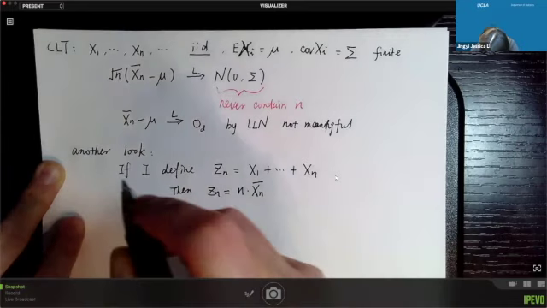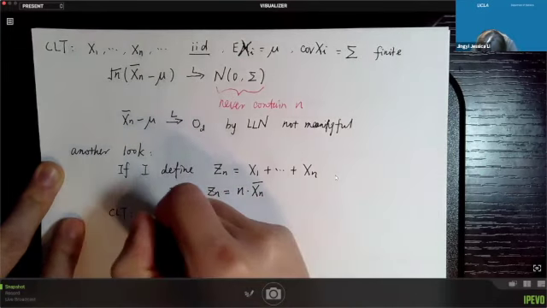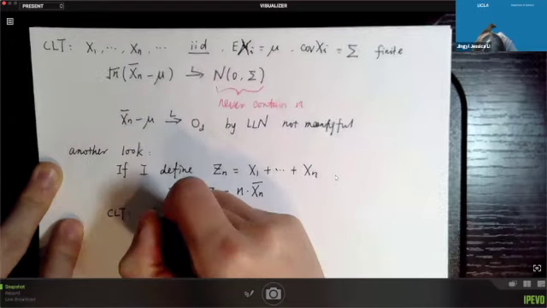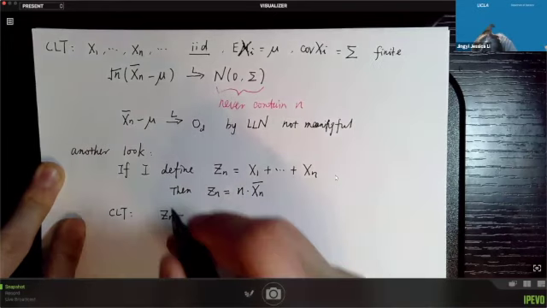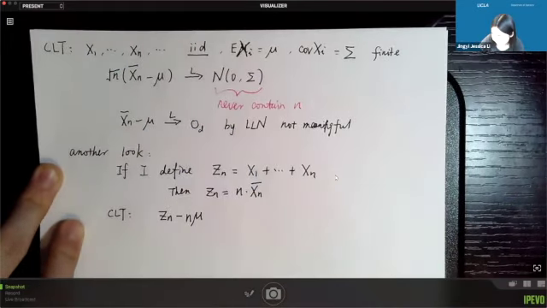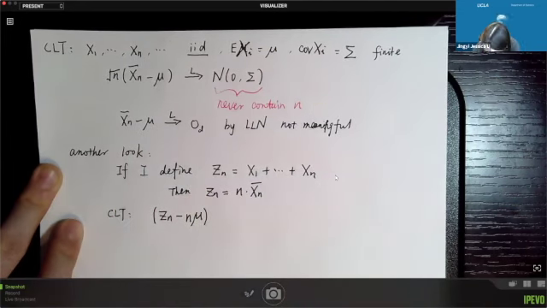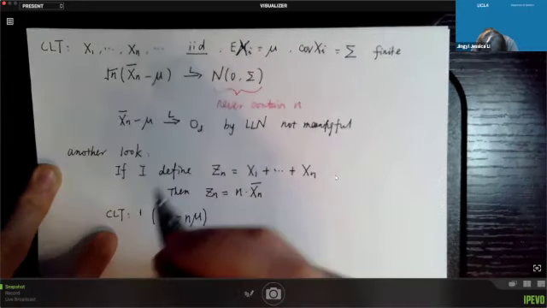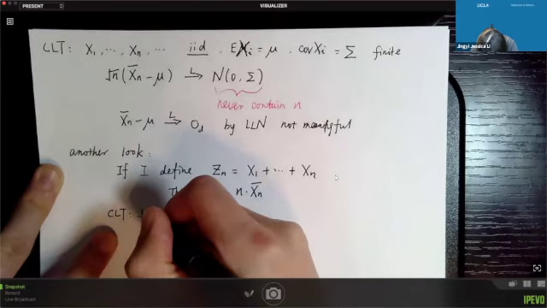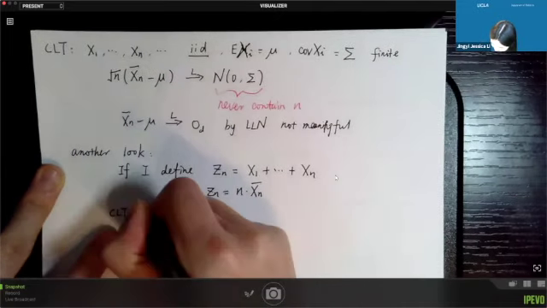The central limit theorem would become: Zn minus n mu, then I need to get the n out and divide, so I divide by n and multiply by root n.